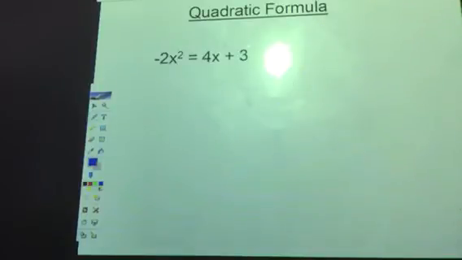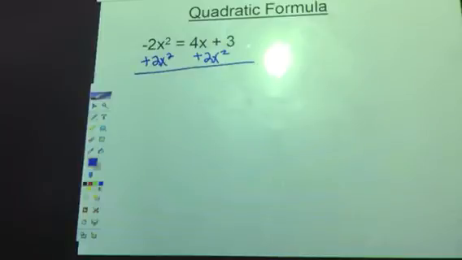Okay? Our next example. Again, I'm going to have to add 2x squared because my quadratic has to be in standard form. So 0 is equal to 2x squared plus 4x plus 3. Okay? Let's go ahead and substitute it into the quadratic formula. I'm going to have a negative here because B is 4.